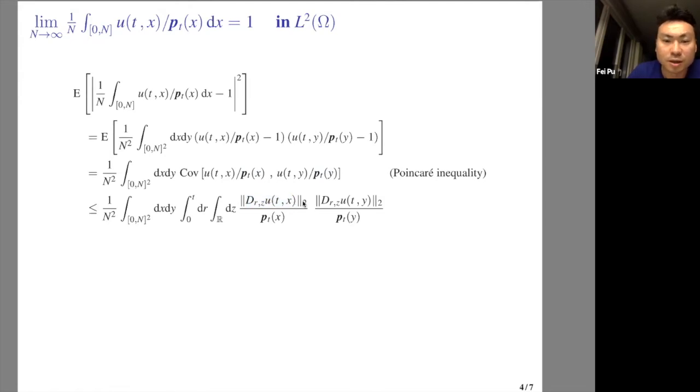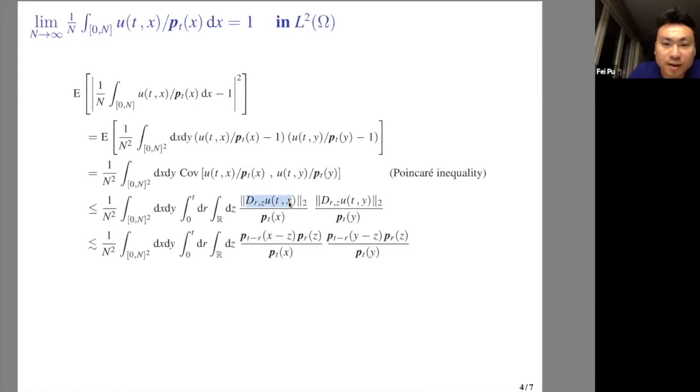So here we have two quantities. Now, as I said before, we can estimate the Malliavin derivative of the solution. In fact, this L2 norm is bounded above by the heat kernel p_{t-r}(x-z) times p_r(z). Similarly, this Malliavin derivative is bounded above by these two quantities.